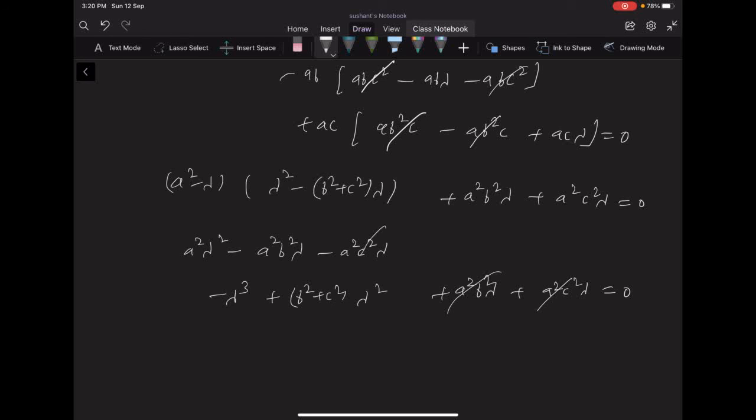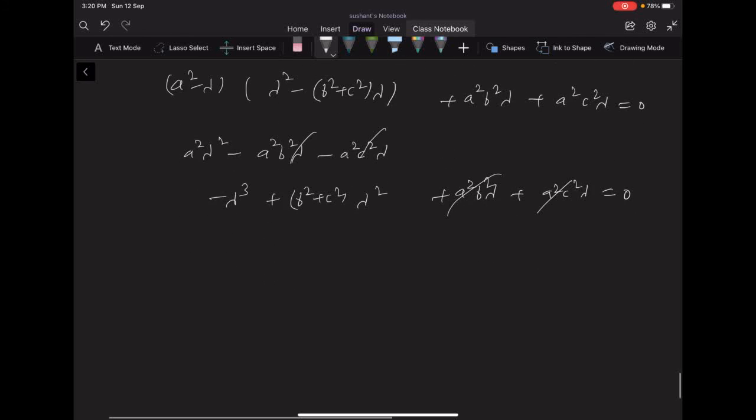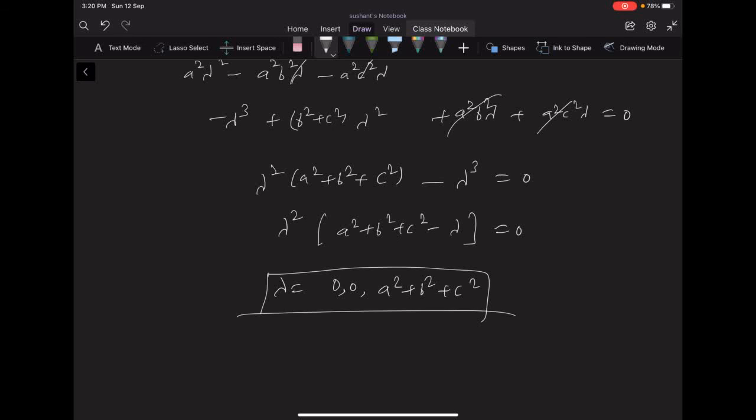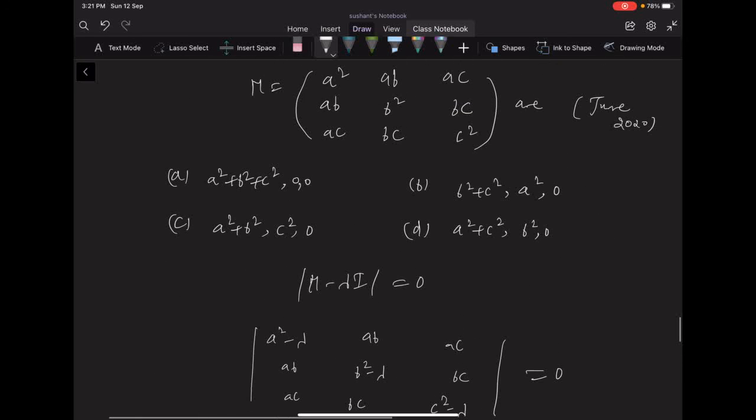Then these terms will also cancel out, and we will take lambda square as common: A square plus B square plus C square minus lambda, times lambda square, equals 0. So lambda equals 0, 0, A square plus B square plus C square. So these are the eigenvalues of matrix M. So option A is the correct option.